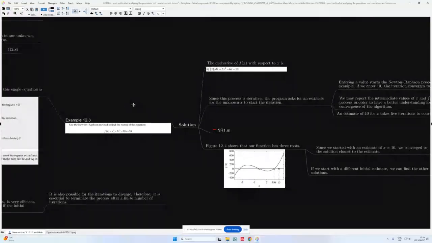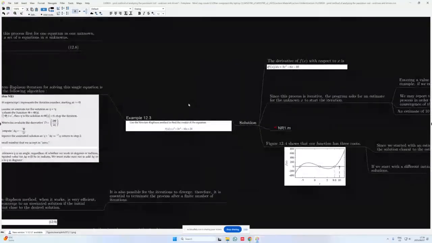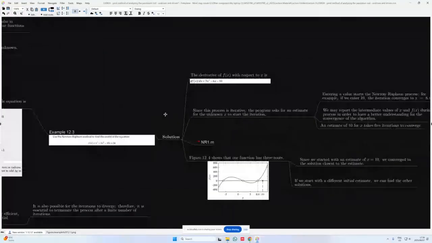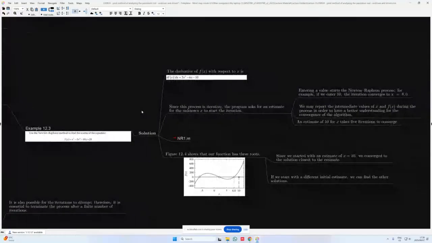You can go ahead and essentially apply this algorithm in MATLAB or Octave if you want to, but I'm just going to give you a breakdown of what the solution gave us as an output. So if we first look at the function, we need to perhaps go and find the derivative firstly. So df dx is simply this equation over here, 3x squared minus 6x minus 10.